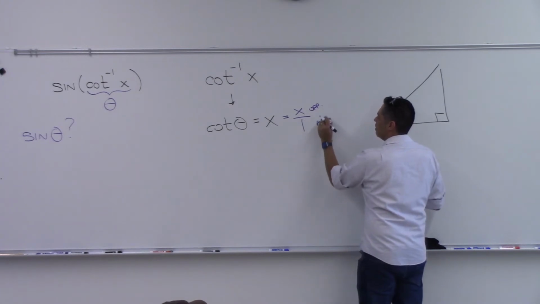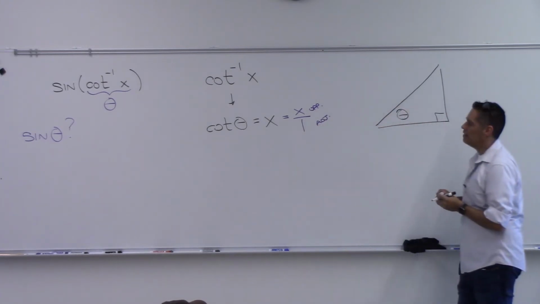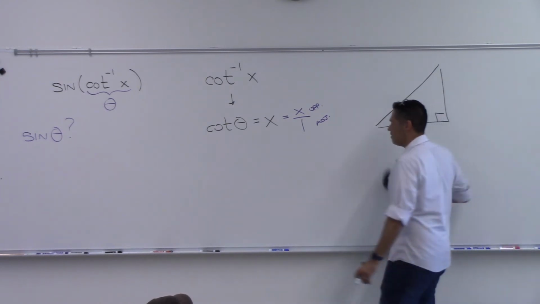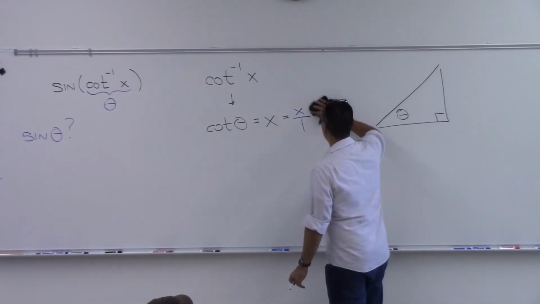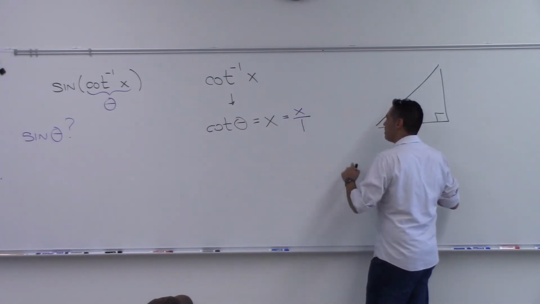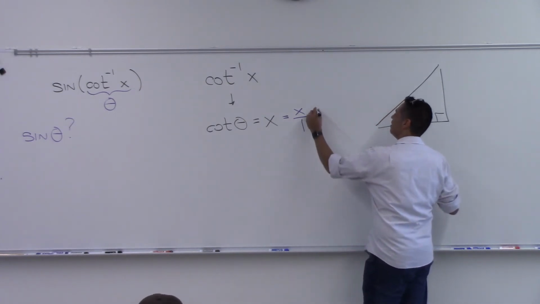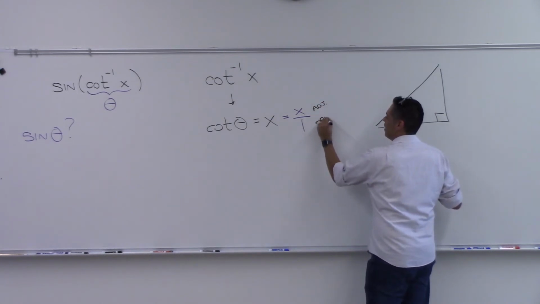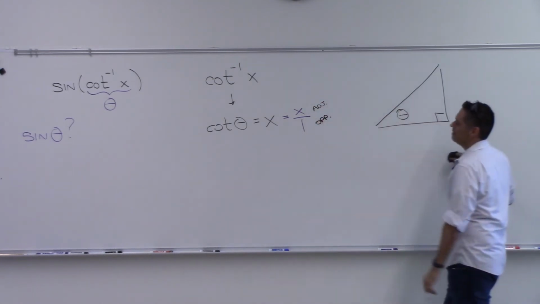Cotangent's adjacent over opposite, because tangent is opposite over adjacent. I'm getting myself all upside down here. Okay, tangent is opposite over adjacent. Cotangent is adjacent over opposite. I said hypotenuse. I'm all out of whack here. Okay, there we go. Y'all agree?